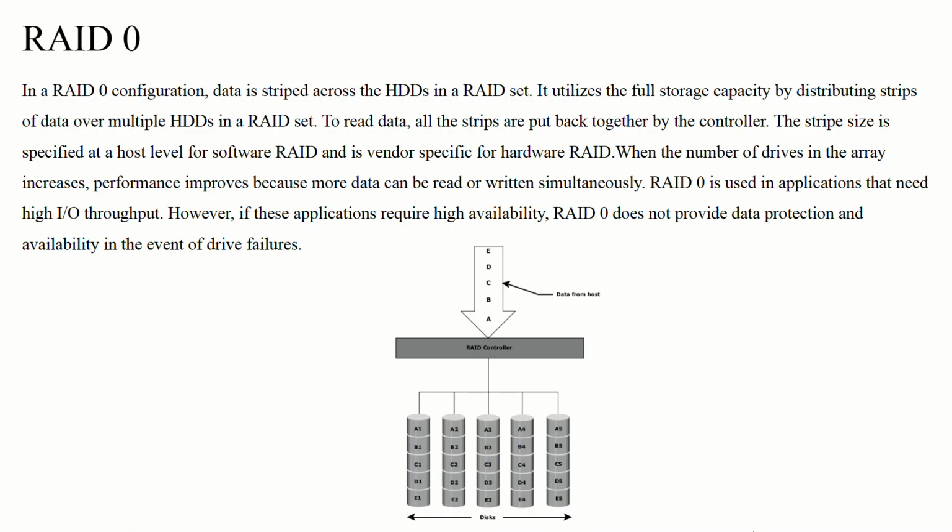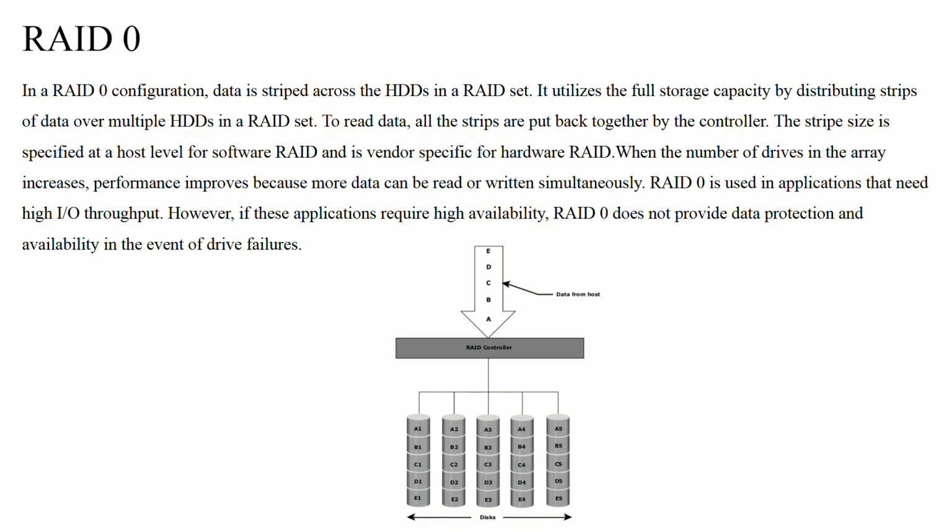In this particular figure, this is one drive, this is the second drive, so in total I have five drives. But here we are not storing a copy anywhere. So when something happens to my drive 1, I won't be able to retrieve the data. That is one of the disadvantages.